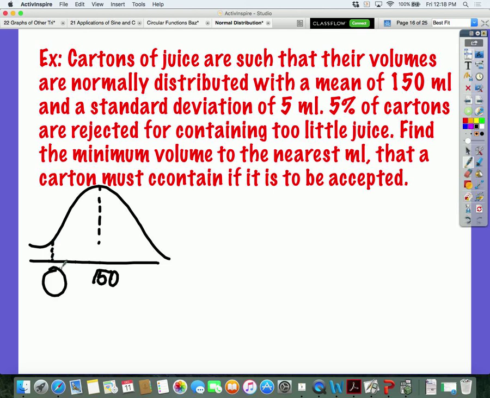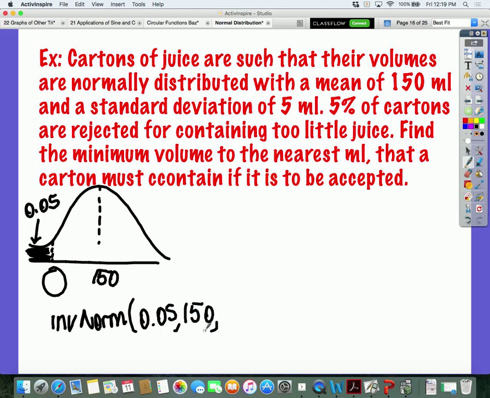So we're looking for some value, 0.05. That's rejected. So in inverse norm, you still type in the mean, which is 150, and the standard deviation, which is 5.